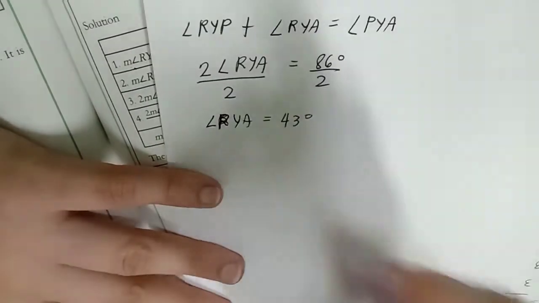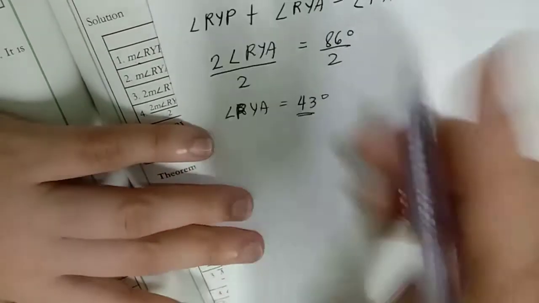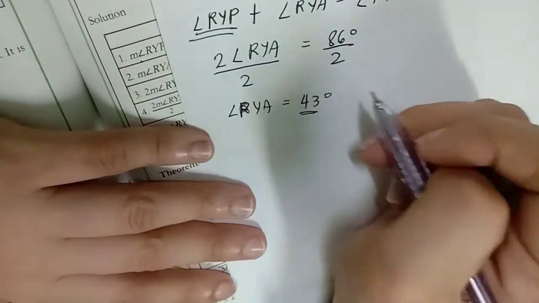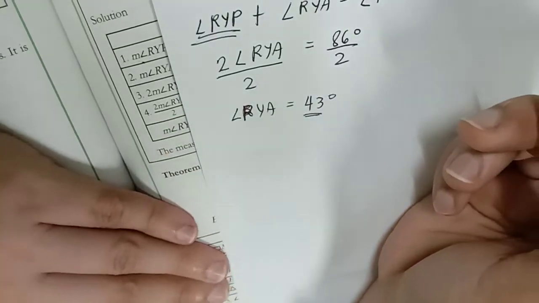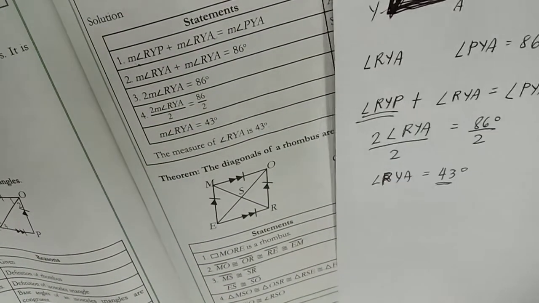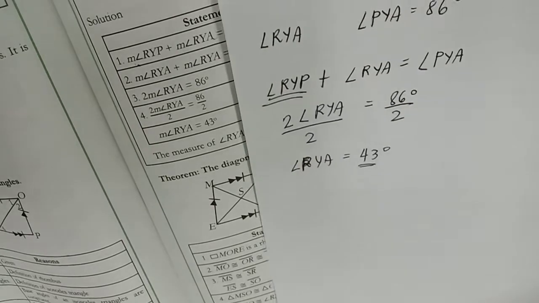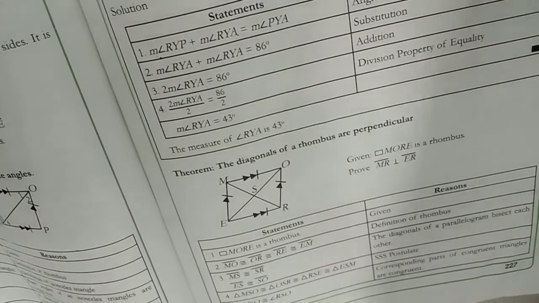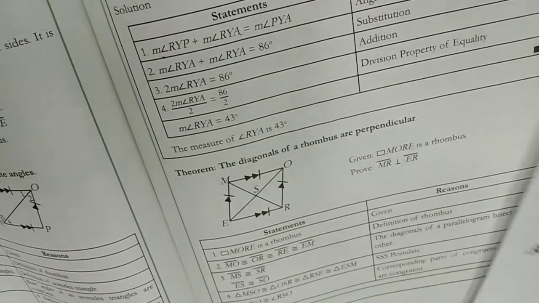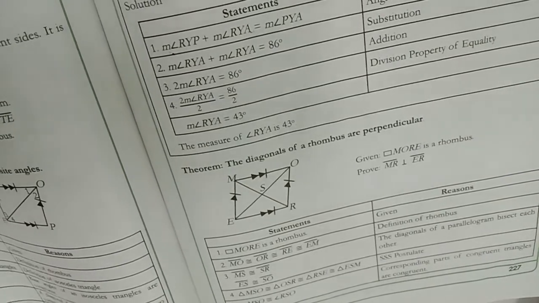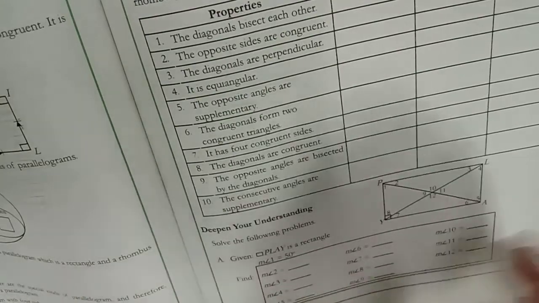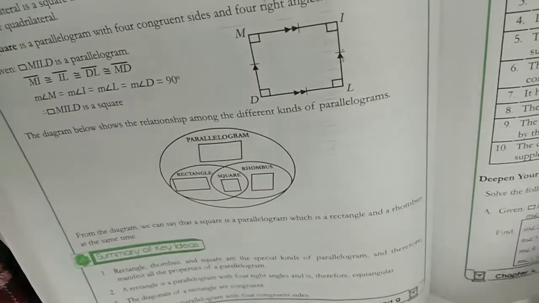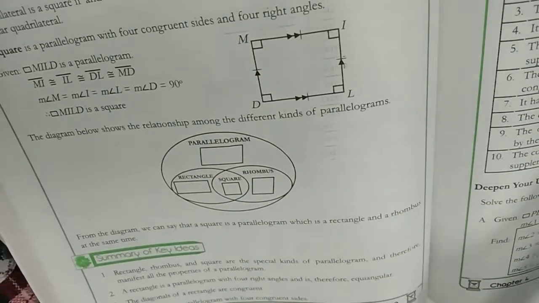So, in that case, nakuha natin si 43. So, we can say that angle RYP is also 43 degree. Ayun lang naman yung sinasabi doon sa each diagonal of a rhombus bisect a pair of opposite angles. And the diagonals of a rhombus are perpendicular. So, nakaka-create po siya ng 90 degree.